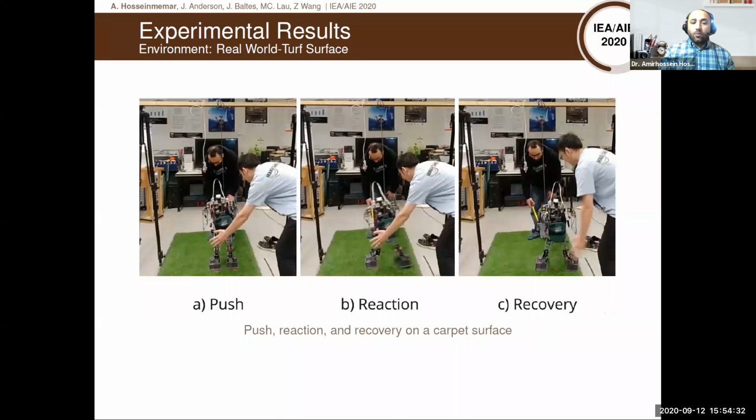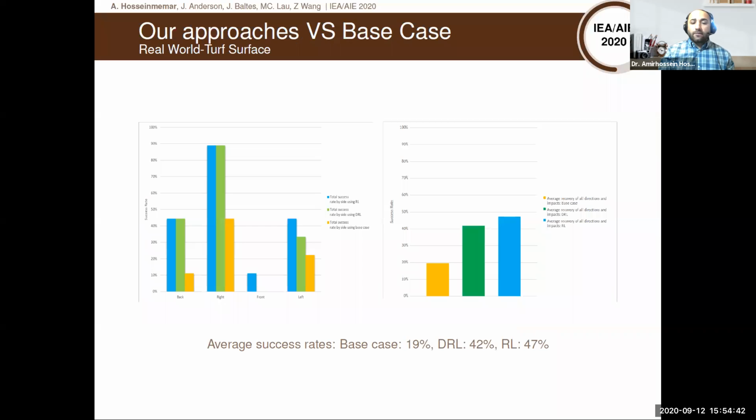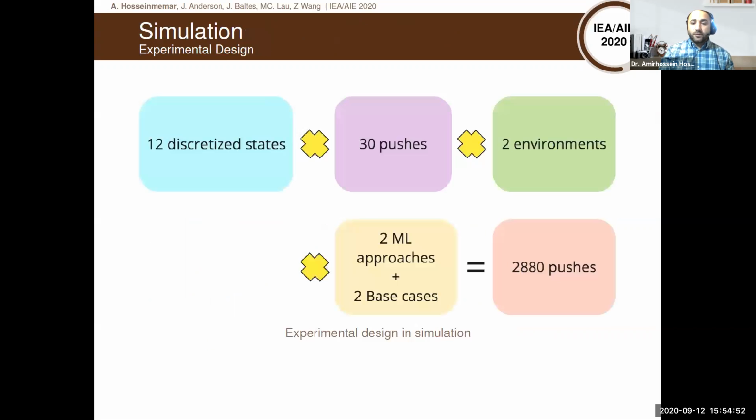Then we tested the robot on artificial turf, which was very soft and very thick. So the recovery was harder in here, and the average success rate for the base case was 19%, for deep reinforcement learning 42%, and for reinforcement learning 47%.